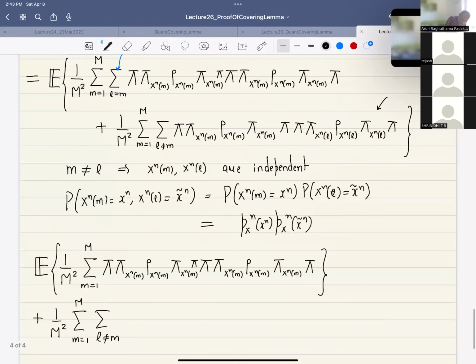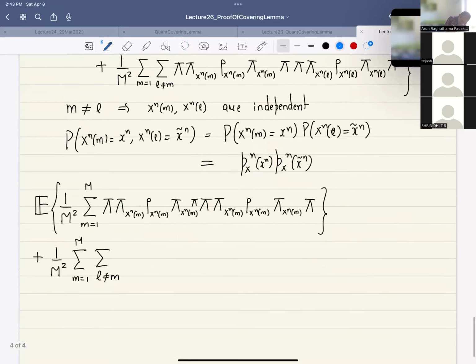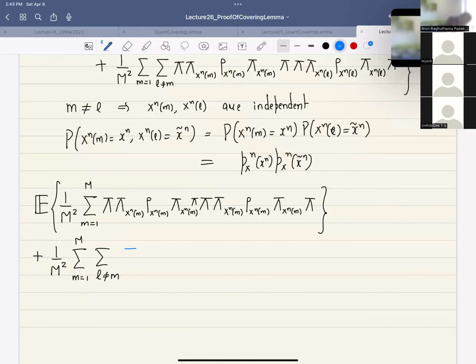Now I'll write it and then I will show it to you. So there will be an xn and there will be an x tilde n. Really, I want an xn of m and an x tilde of L, but it doesn't matter because it's essentially the same thing. If you really want, try this and see that there's not going to be any change.